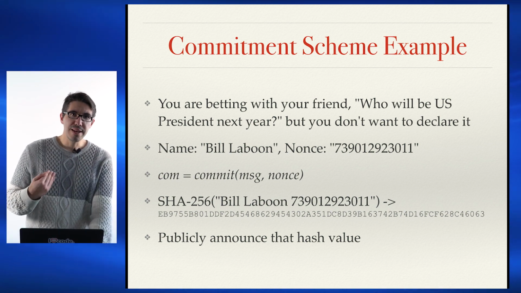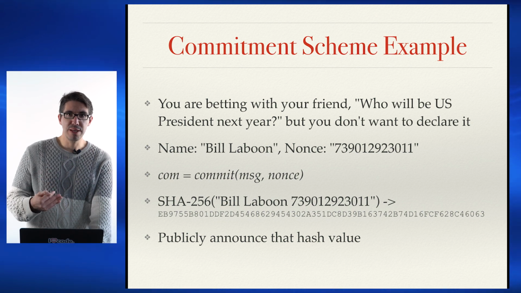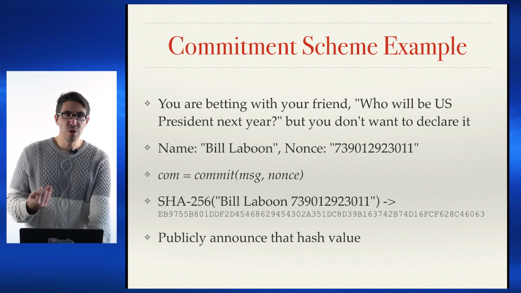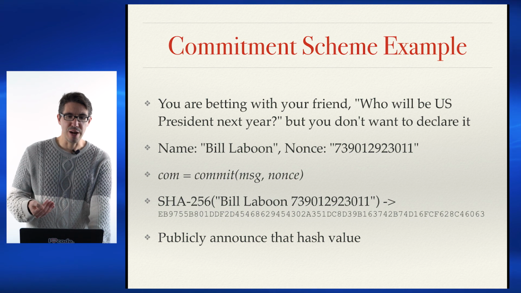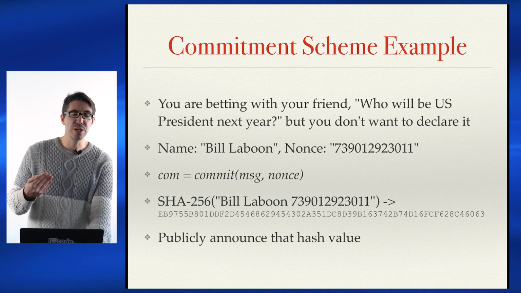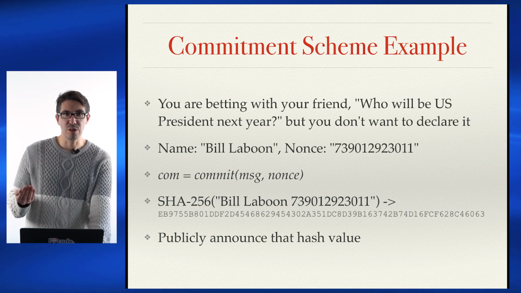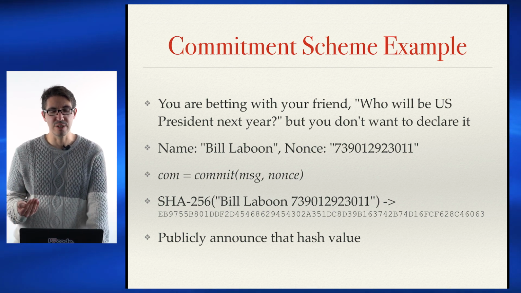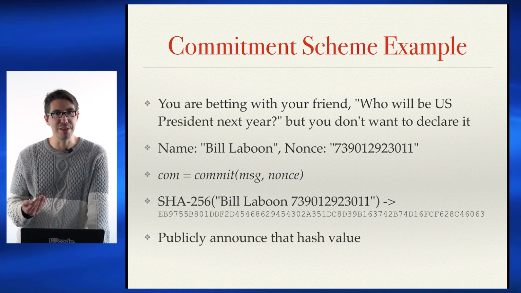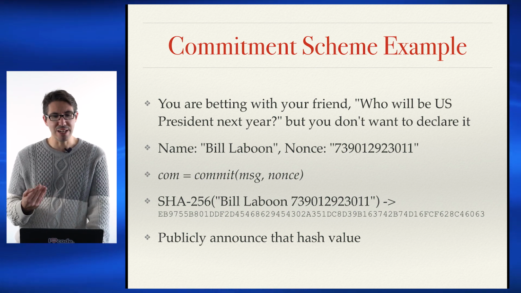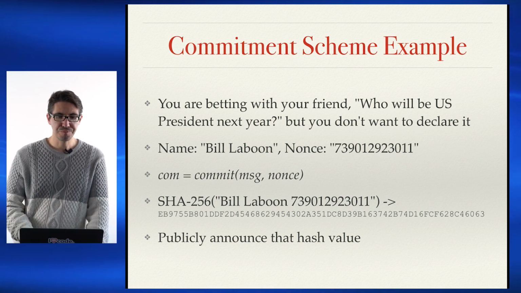When you publicly announce this hash value, you're committing yourself to it. You will not be able to come up with some other string that hashes to that value. And hopefully no one else will be able to either. When I say hopefully, I mean the odds against it are astronomically unlikely.